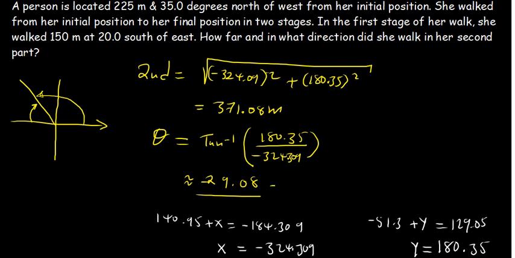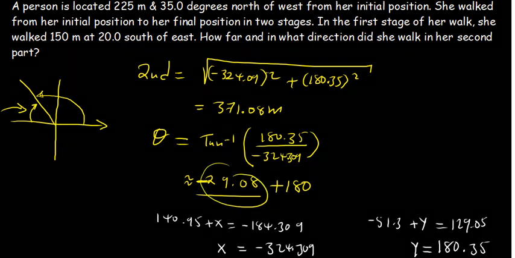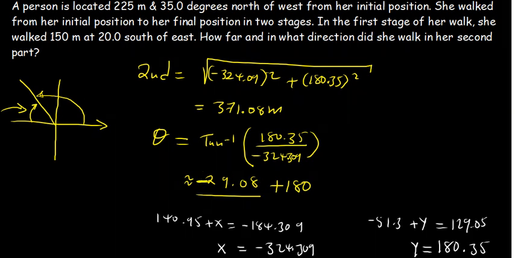All we do is add 180 to this angle, or just say 180 minus 29.08. Don't put the negative; the negative is already just telling us the direction. That gives about 150.9 degrees.